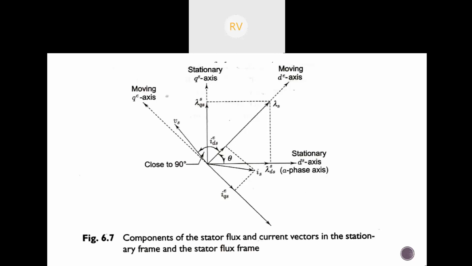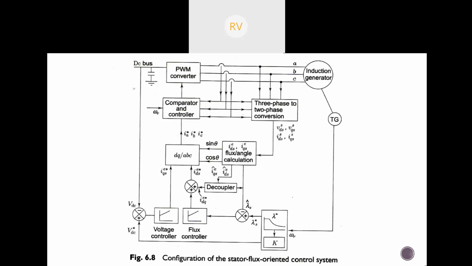This gives us the different components of the stator flux and current vectors in the stationary frame and the stator flux frame, and how they differ and change in different systems. He is giving us this phasor diagram, as well as the configuration of the stator flux oriented control system. So this is the total configuration that we have.